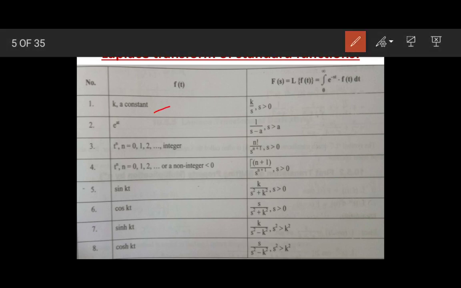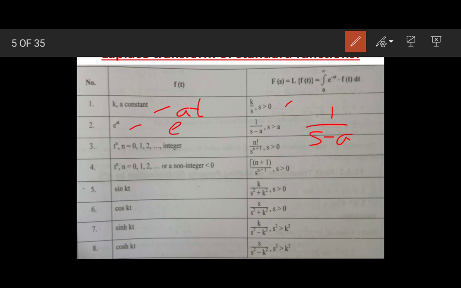If the function is k, where k is a constant, then the Laplace transform of k is k upon s. If the function is e raised to at, where a is any number, then the Laplace transform of e raised to at is 1 upon s minus a.